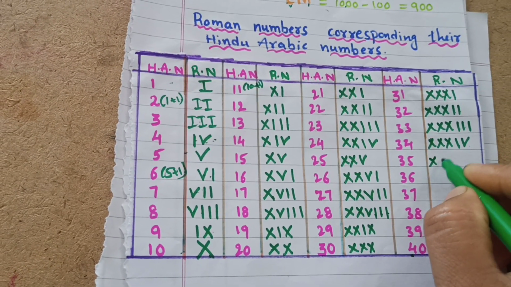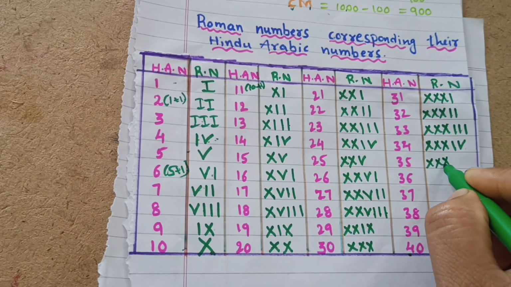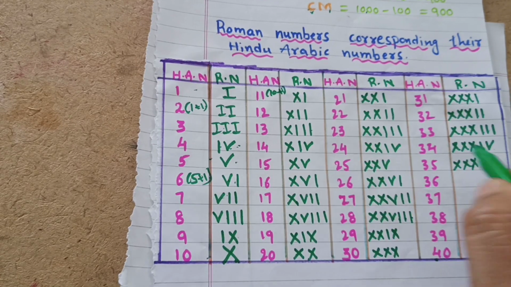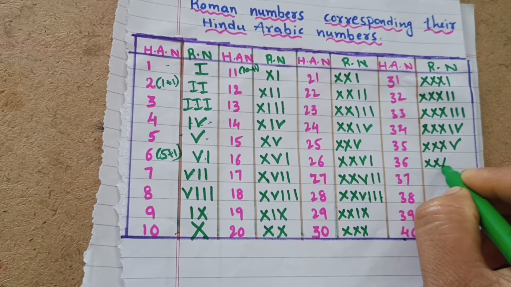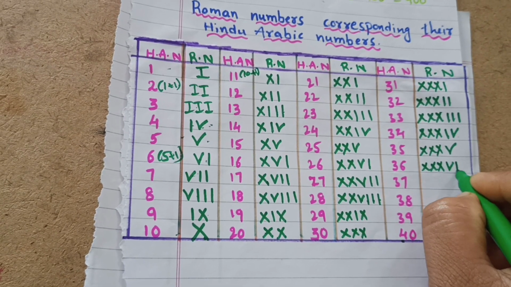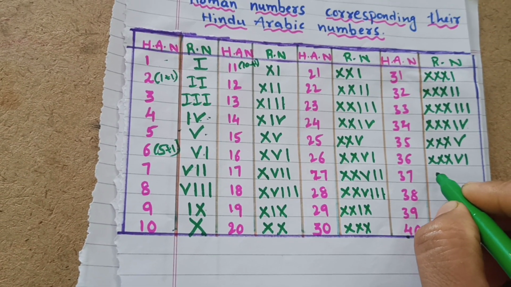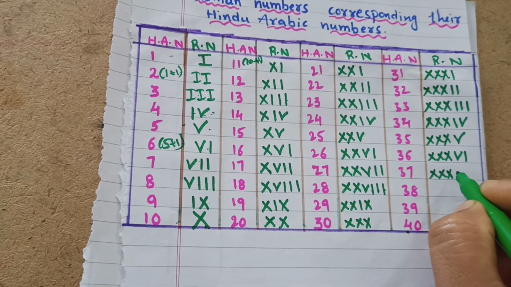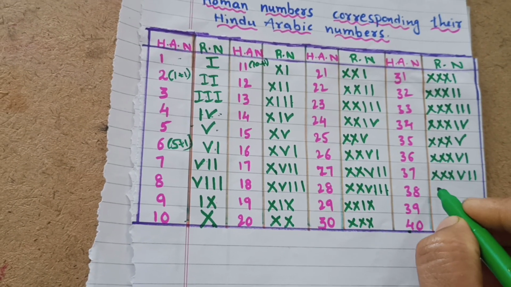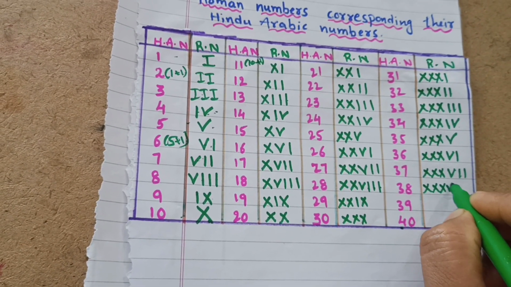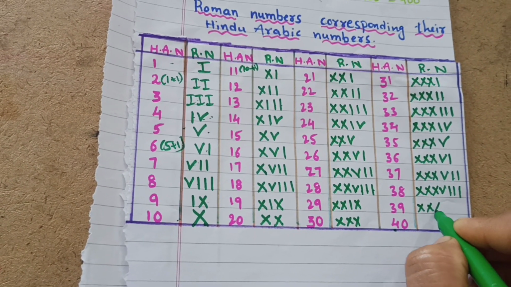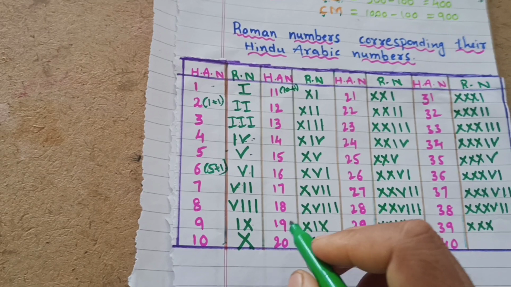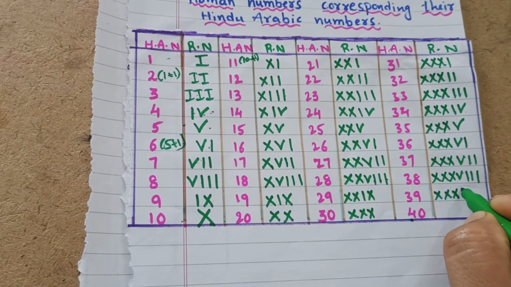Now 35, 3 times X, and 5 we can write as V. Now 36, 3 times X, 6 we can write VI. 37, 3 times X, 37, VII. 38, 3 times X, VIII. Now 39, 3 times X, 9 can be written as IX.